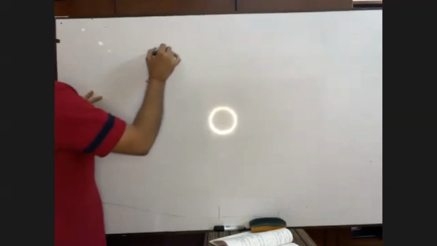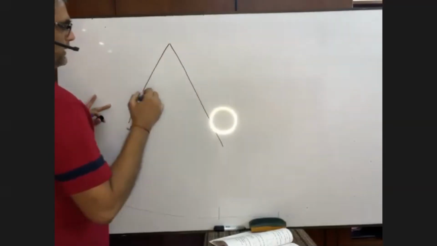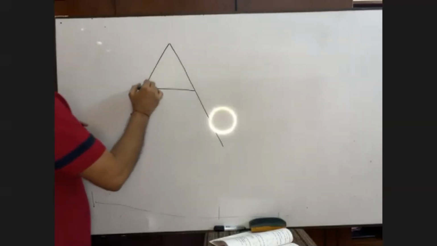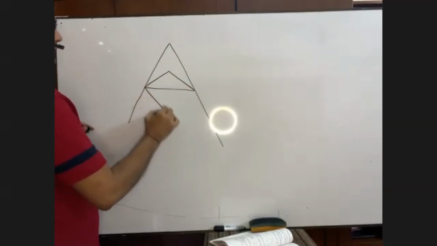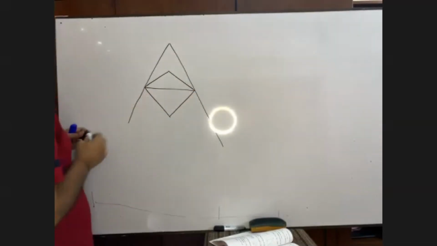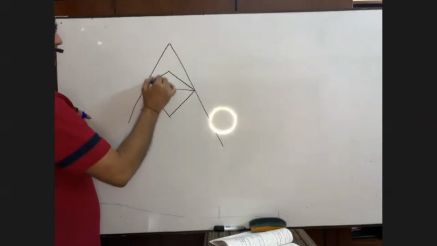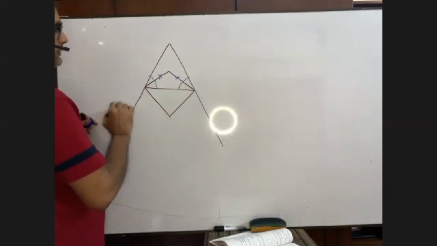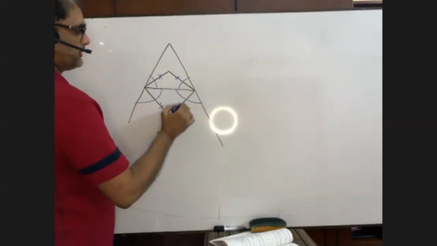Anyway, suppose it is a triangle. Now this is the bisector, this is also a bisector, bisecting in this way.